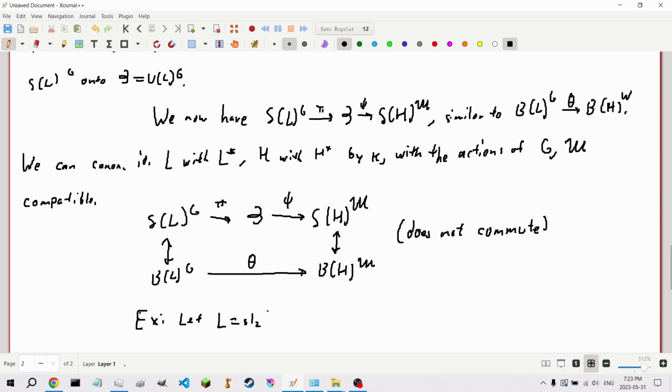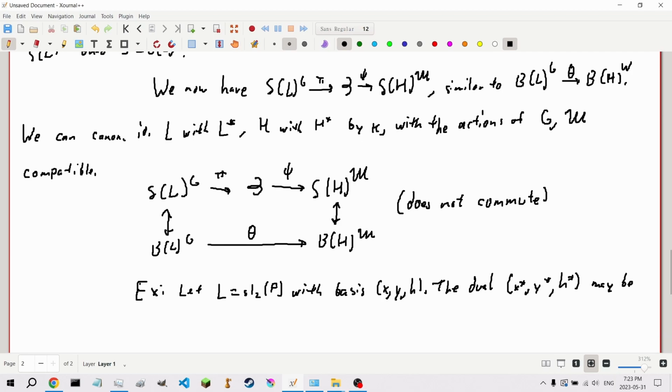Let L be SL2 of F with basis X, Y, H. The dual basis X star, Y star, H star may be identified, if you work out this math, it ends up being 1/4 of Y, 1/4 of X, and 1/8 of H by the Killing form.